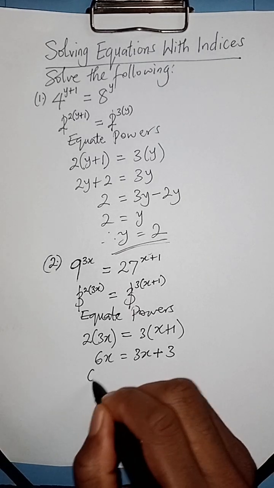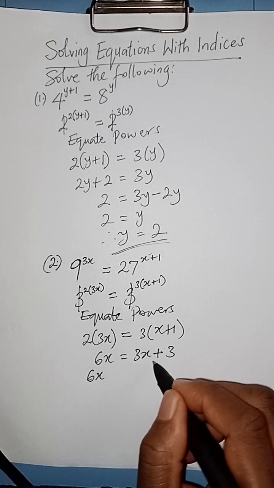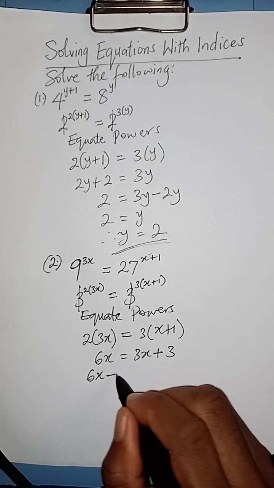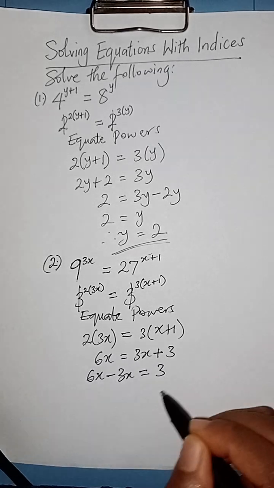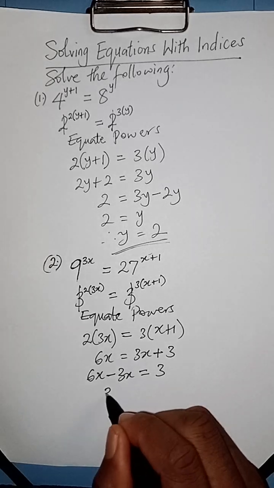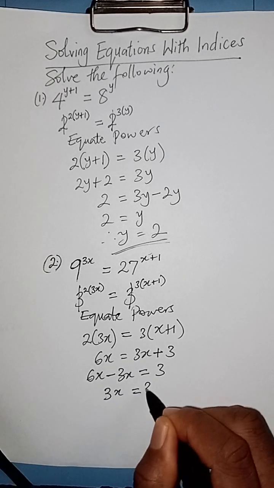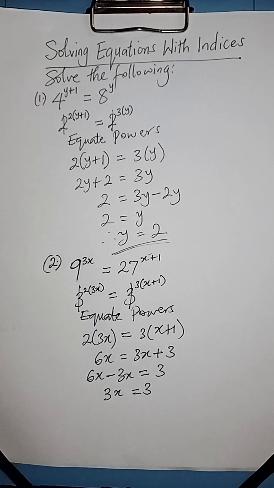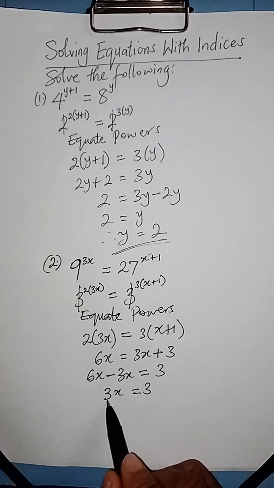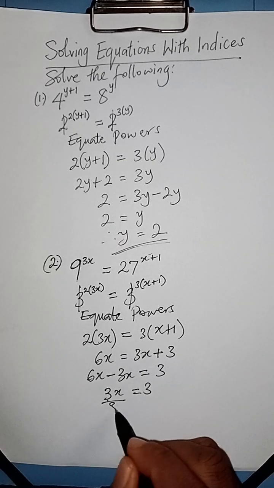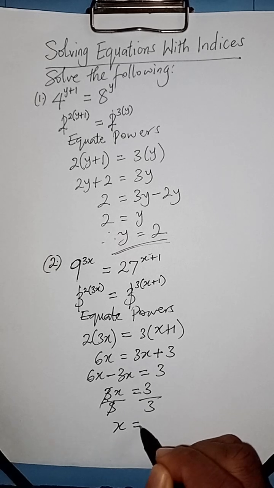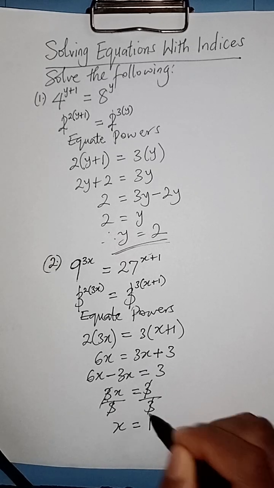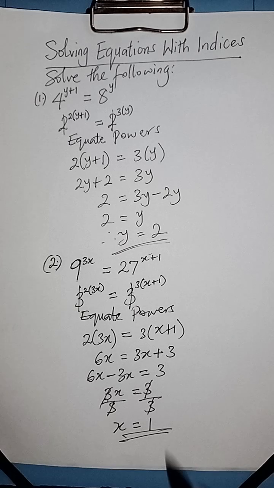Collect like terms. 6x, this 3x will move to your left-hand side and become minus 3x because it's positive here, equals to 3. 6x minus 3x is 3x equals to 3. Now we're looking for x, so you divide both sides by the coefficient of x. The coefficient of x here is 3, and so when you divide both sides by 3, your value of x will be 1. So this is the answer to the question.